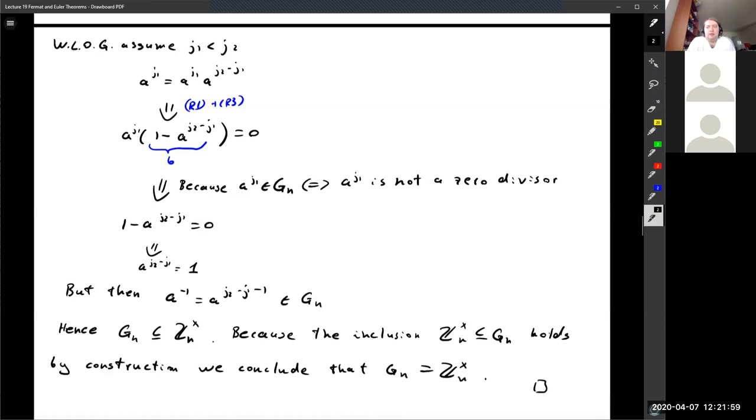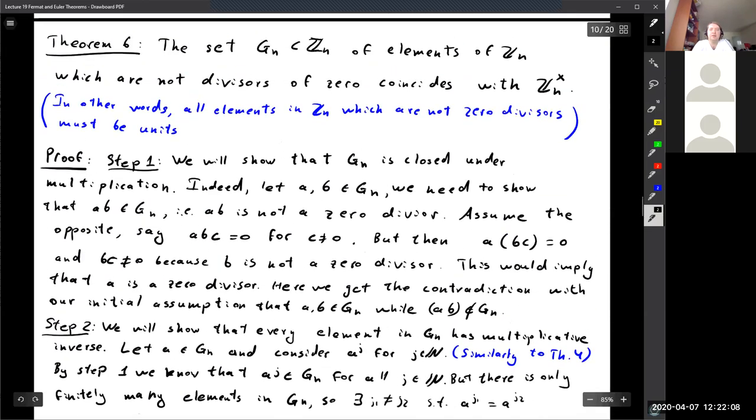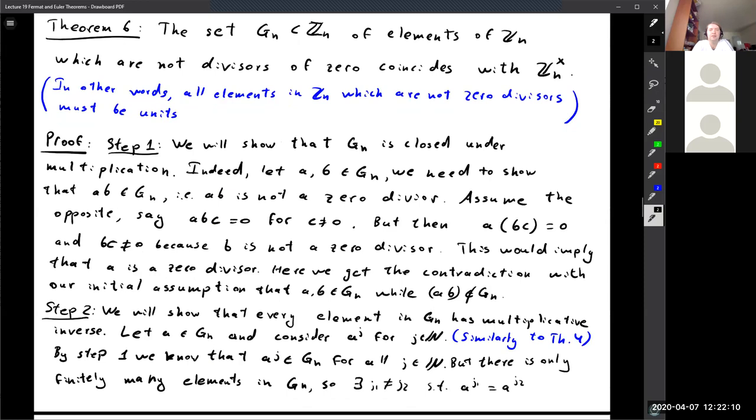Now, here's an important remark to make. Step one is not specific for our case. It's always true that the set of elements which are not zero divisors is closed under multiplication.